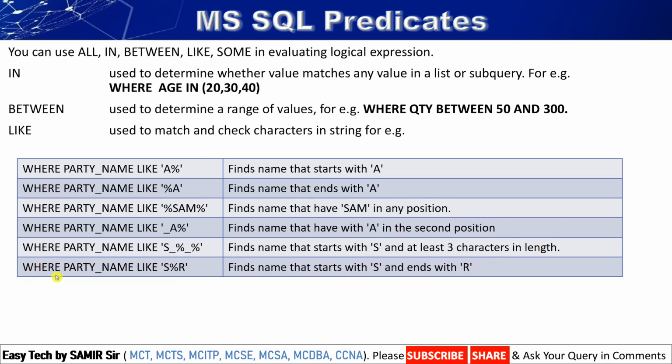And lastly, where party name like 's%r' finds names that begin with s and end with r. So these are some SQL predicates. We will see these queries in the live demo. So continue.